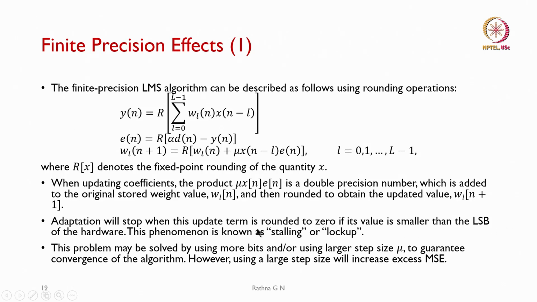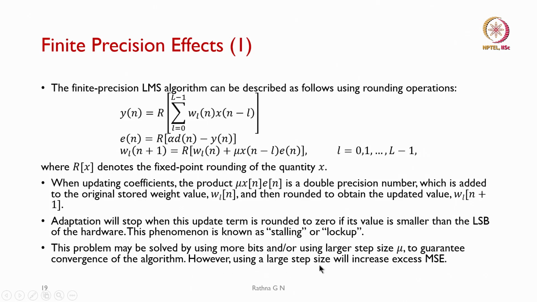This phenomenon is known as stalling or lockup. This problem may be solved by using more bits and using a larger step size mu to guarantee convergence of the algorithm.